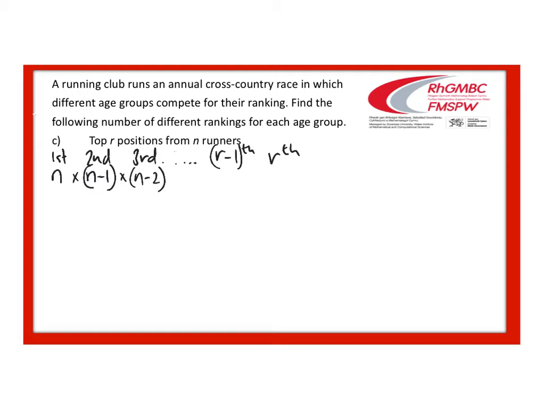In third, we get n minus 2, and that number is 1 less than the position. So in the rth position, we would have n minus (r minus 1).